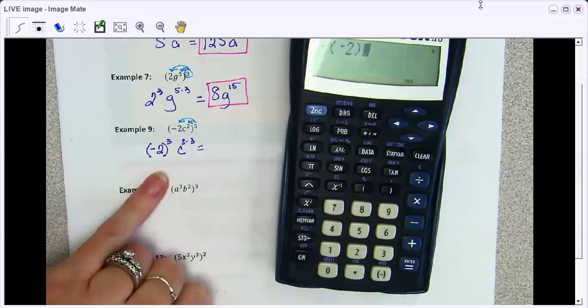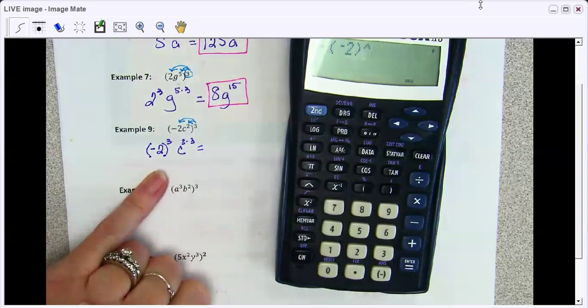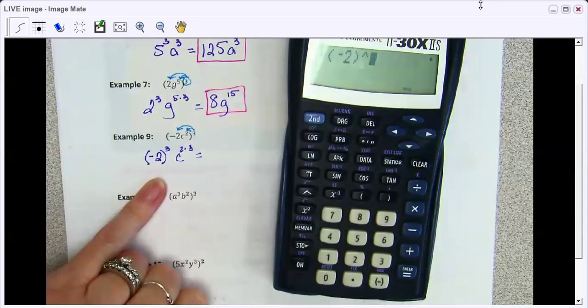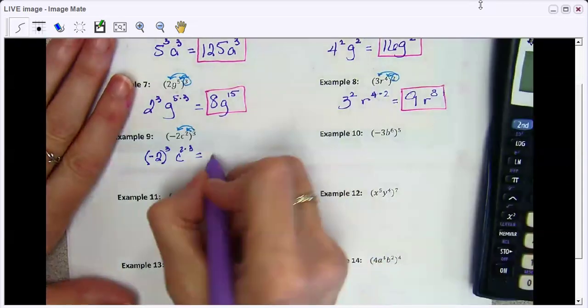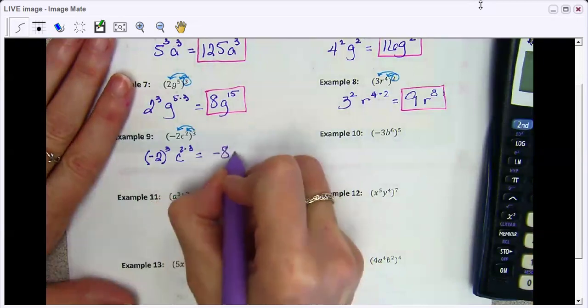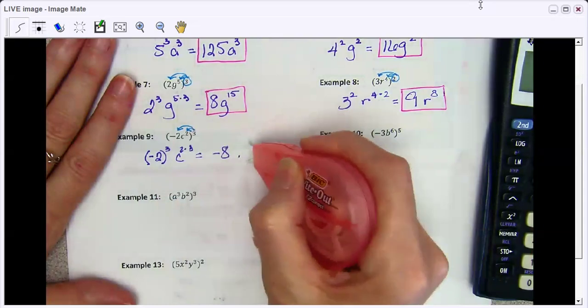So you're going to enter it in just like it's written. And then I'm going to use my caret, and I'm going to raise it to the power of 3, and it tells me that it's -8. Okay. So I end with -8 times c raised to the power of 6.